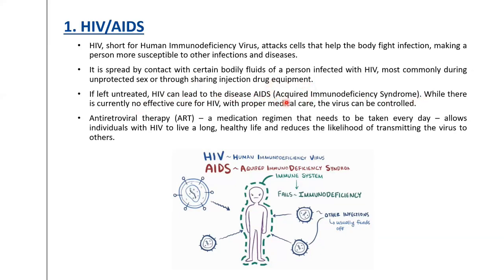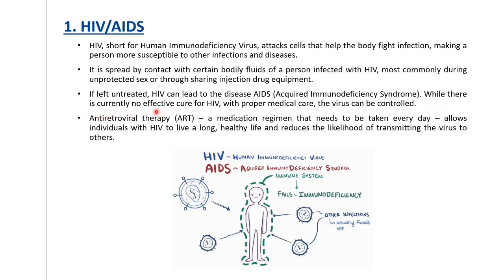Acquired means that the person was previously immunocompetent, with perfectly natural immunity, and something entered his body and caused an acquired disease that wasn't previously there, which then causes immunodeficiency. His immune cells decline very quickly, and this causes a plethora of different symptoms and diseases.